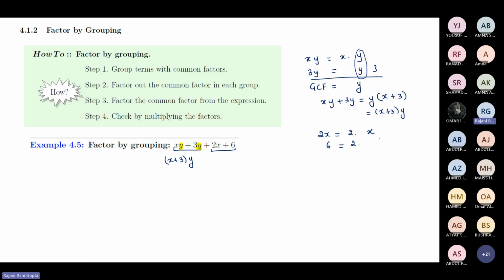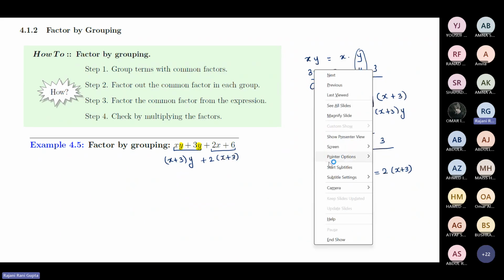Which number gives you 6? 3. Good. So the greatest common factor is 2. So 2x plus 6, you can write it as 2 times x plus 3.